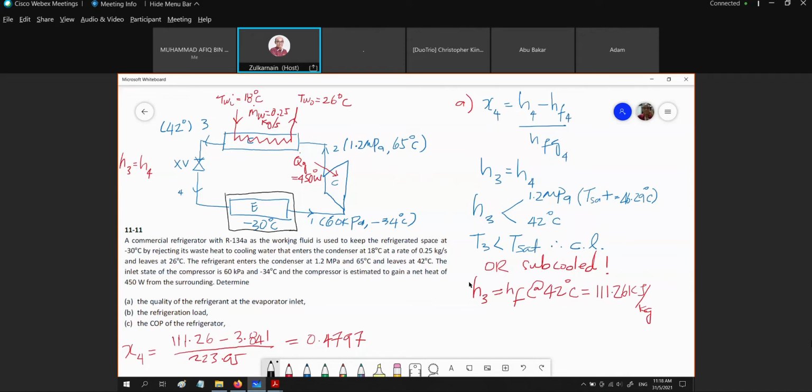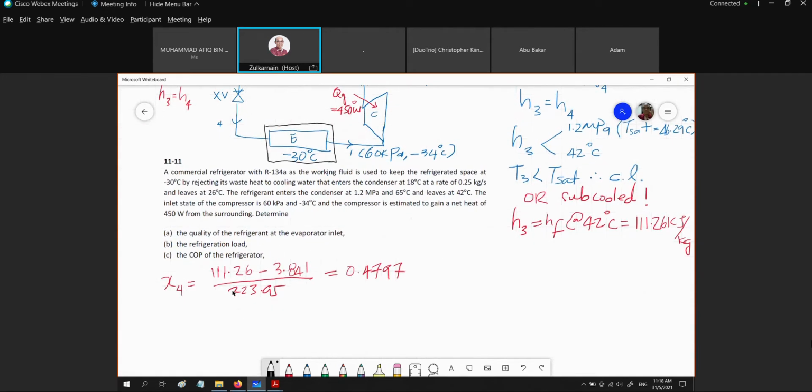And in this case, we get H3 based on the temperature of the subcooled liquid, so H3 is equal to HF at 42 degrees C, the outlet temperature of the refrigerant from the condenser. So when we have H3 equal to H4, then putting all the figures, we get X4 equal to 0.4797.